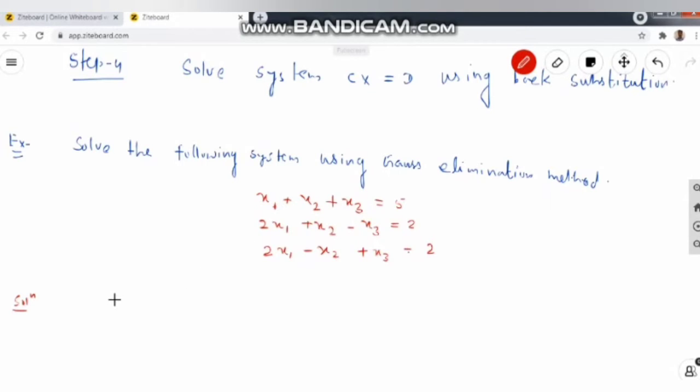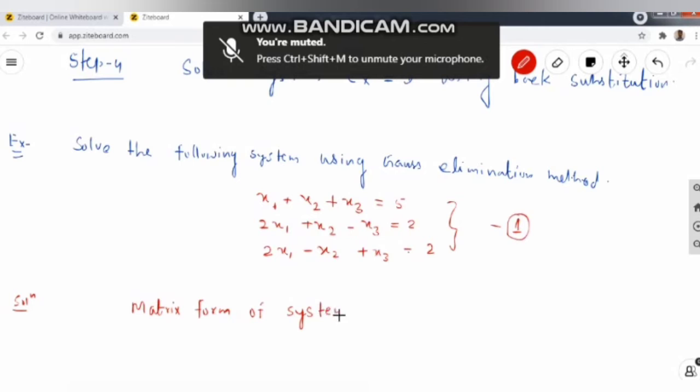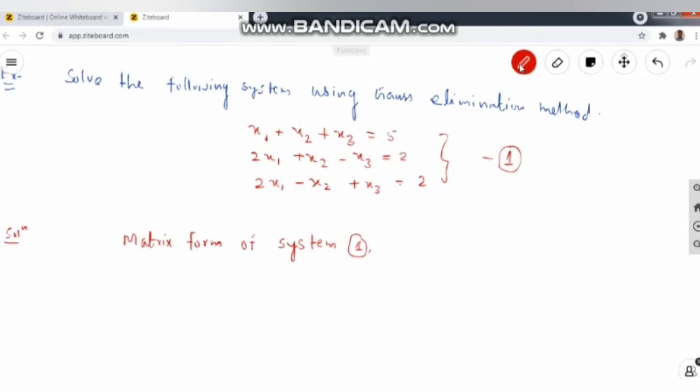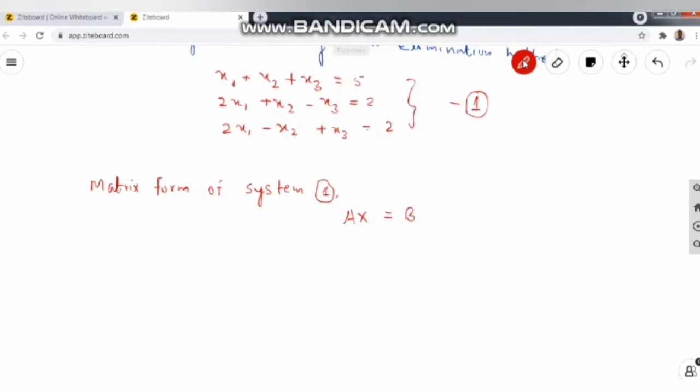First of all, you can see that the given system of linear equations can be written in matrix form, Ax equal to B. Now see what A, X, and B are.